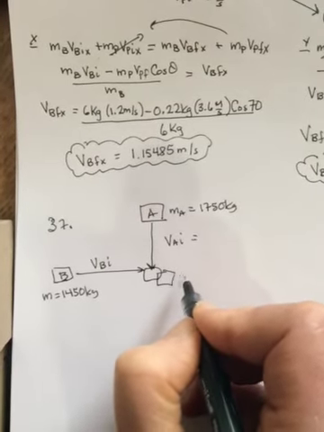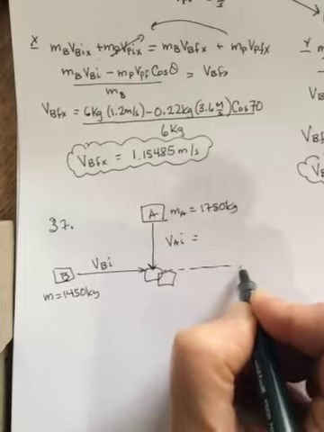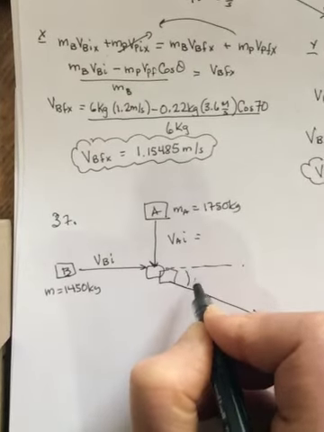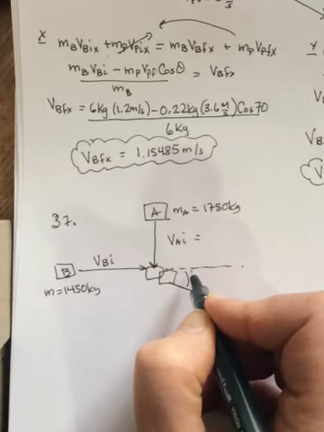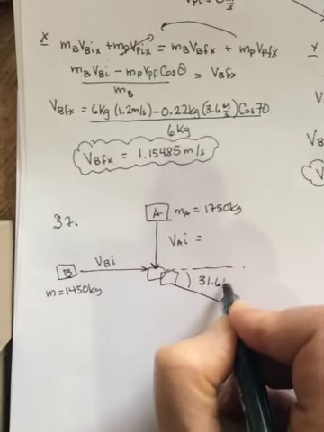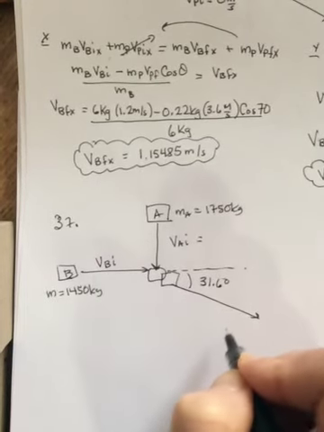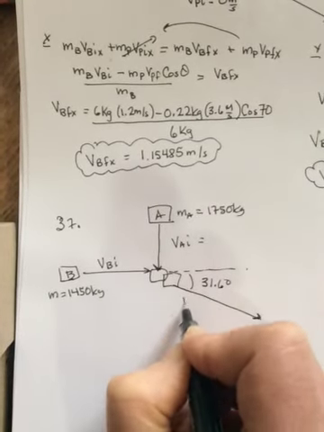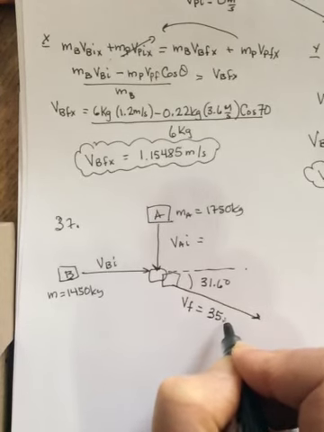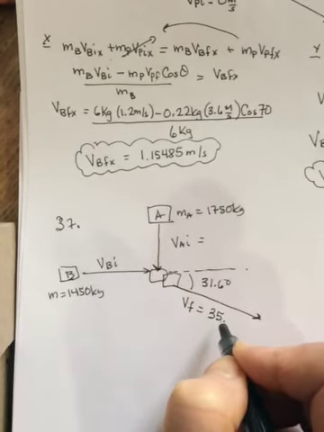And after they collide at the intersection, they stick together, and they go off at a direction that is 31.6 degrees east of south. So right in there. And they go off with a speed of 35 point, I think it's 8.